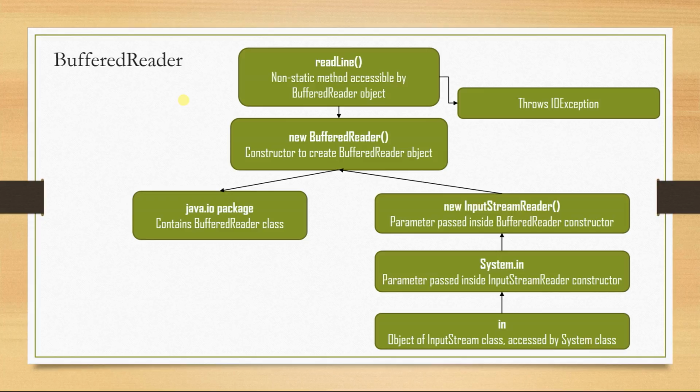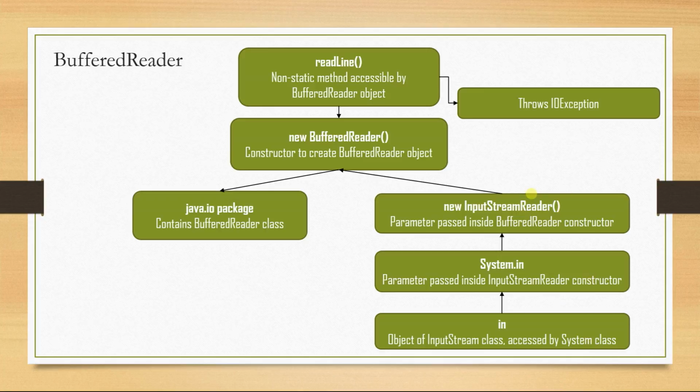Now again, to use the BufferedReader object, we need to call its constructor. The argument passed inside the BufferedReader constructor is an object of InputStreamReader. Now this InputStreamReader takes an argument that is System.in. As we have studied, System.in returns the object of the InputStream class.